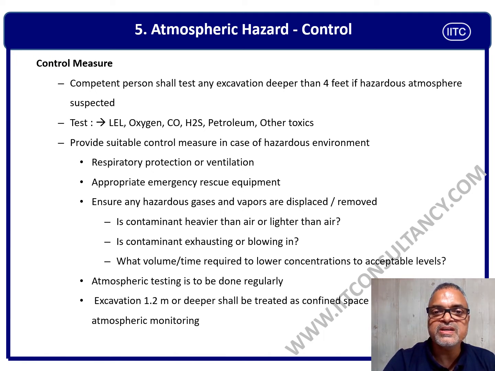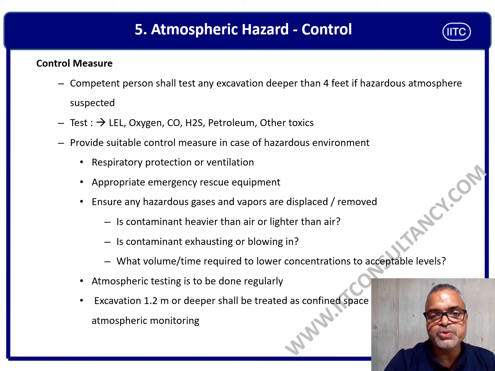The test should include the LEL, oxygen level, CO2, CO level, H2S, petroleum, and other toxic gases applicable to your industry. Provide suitable and sufficient control measures in case of a hazardous environment. If you suspect H2S or some other toxic chemical, you should provide respirator protection or ventilation.